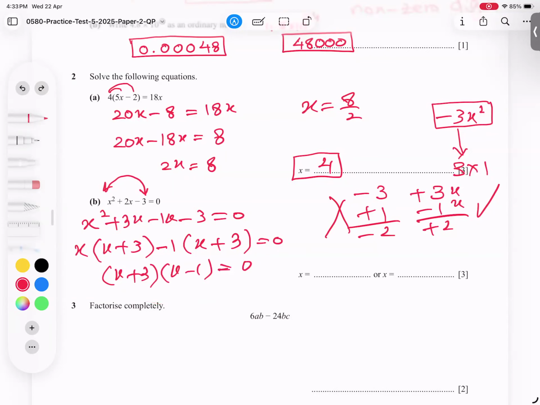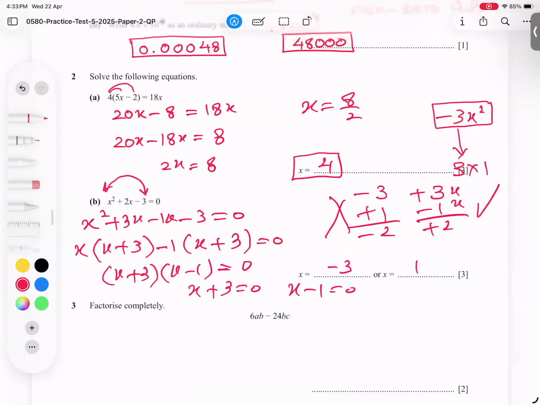I'm writing now x plus 3 is equal to 0 and x minus 1 is equal to 0. So x is equal to negative 3 and x is equal to positive 1. So we are getting two answers. I hope this part is also clear. And I'm writing it in the place here: negative 3 and positive 1.